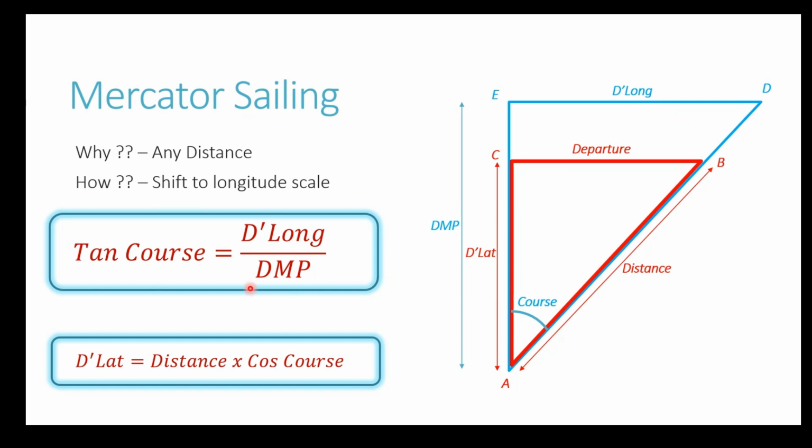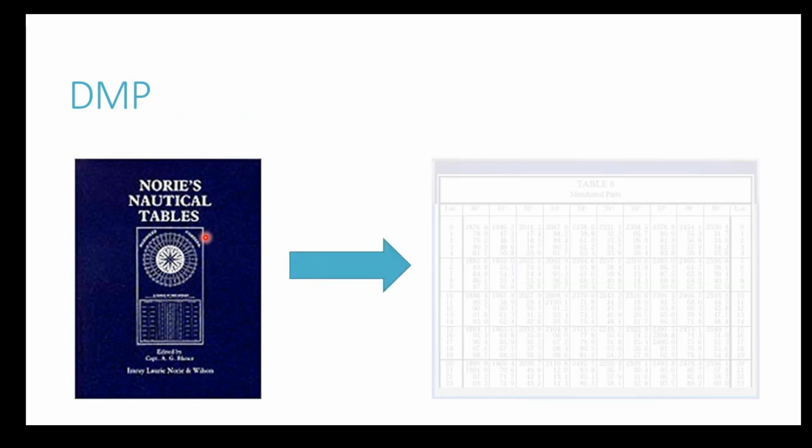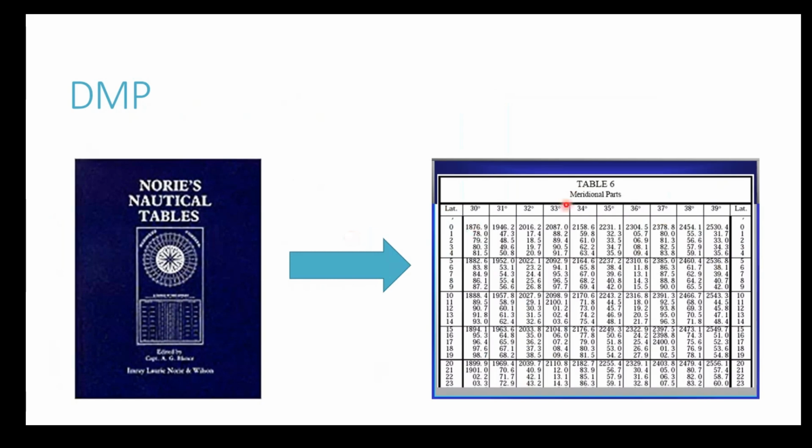Now, how do we obtain the DMP? The DMP or difference of meridional part is obtained from the Norie's table. We have a meridional part table in the Norie's nautical tables, and it looks something like this. The degrees are mentioned on top here, from 30 to 39, and the minutes are mentioned on the sides vertically downwards, from 0 minutes to 59 minutes.